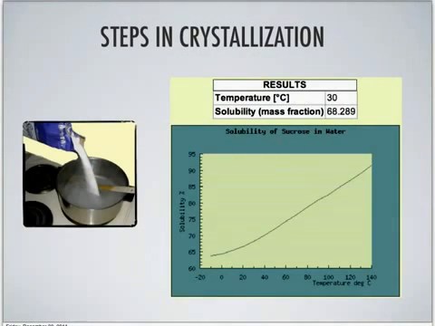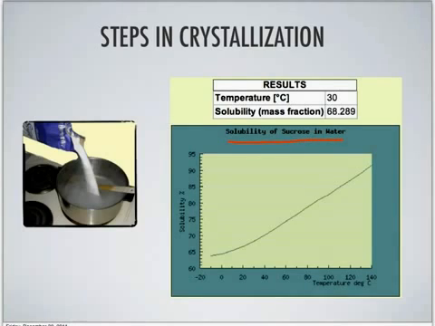So now let's look at the crystallization starting from a solution. I will use sucrose as an example to explain. Let's refer to this graph of the solubility of sucrose in water.